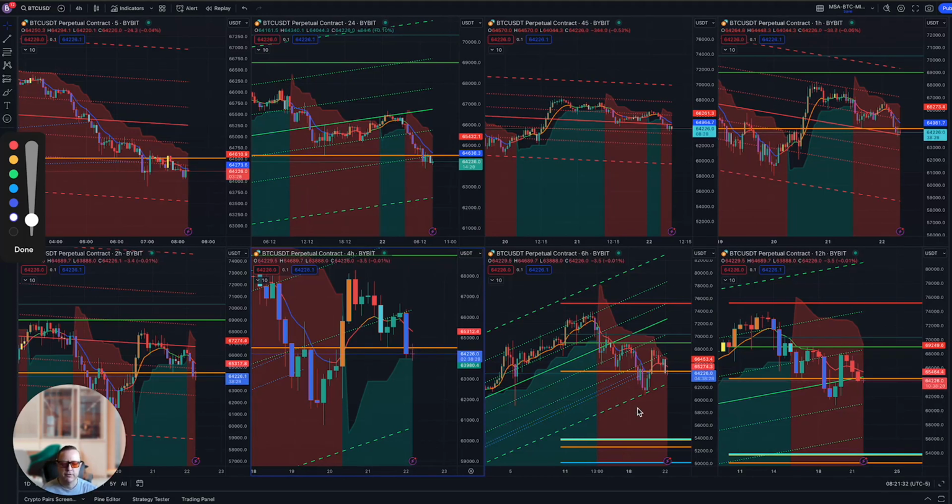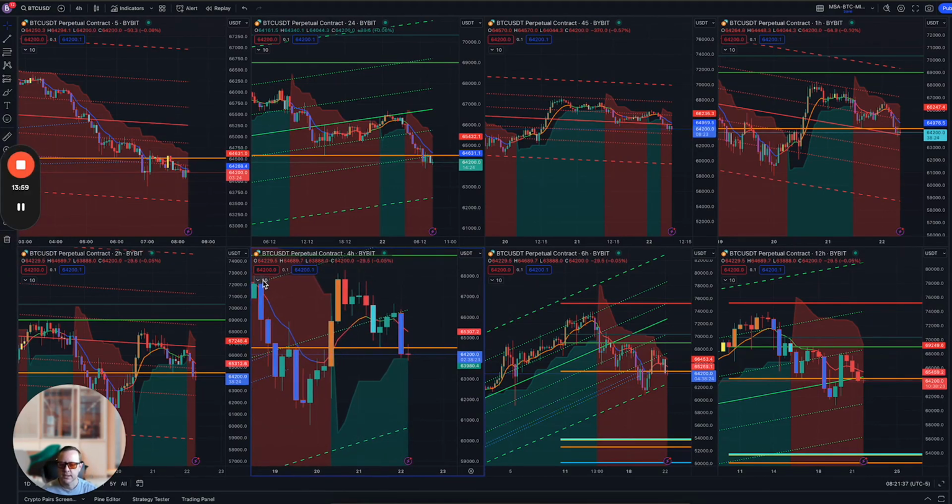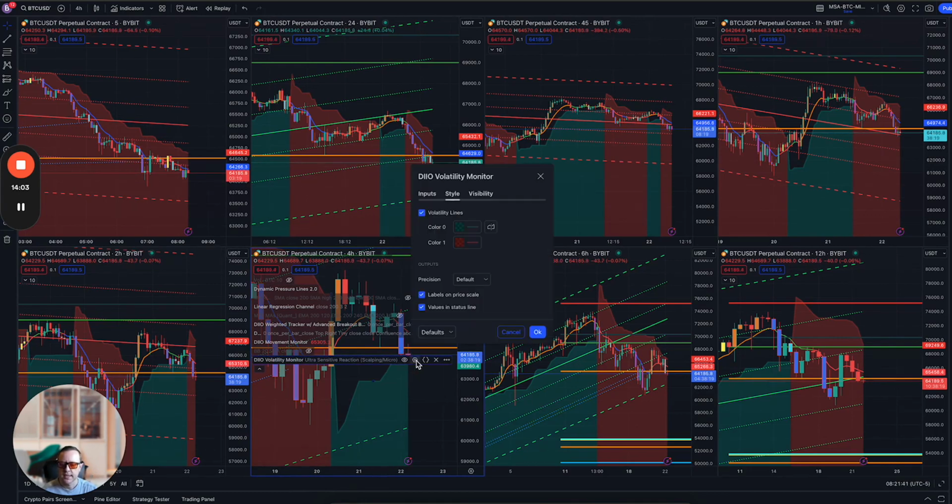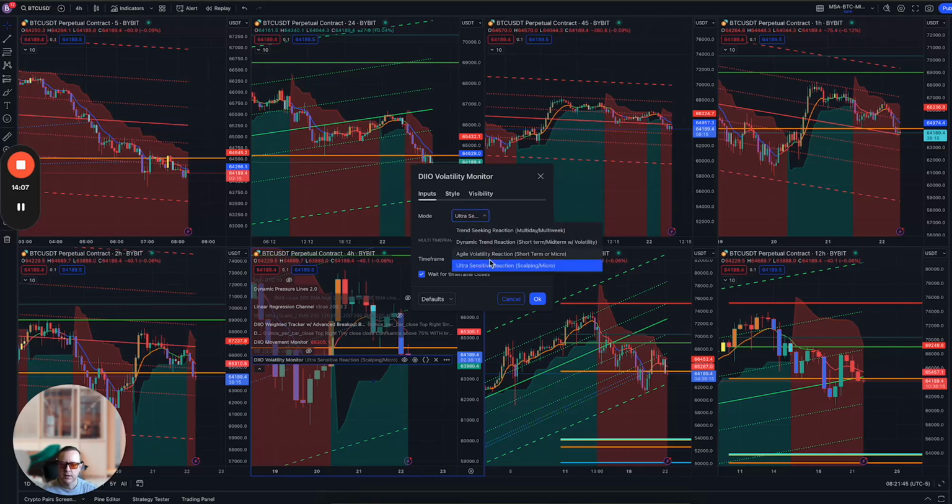And if you happen to find, I'm gonna mess with some settings here, right? We always want to know what setting we're working with. So I think any one of these settings could be respected, but at the same time, if I want to kind of find and hunt down some logic, so you can see where the agile is, it's way up there in the 4-hour. Dynamic is there.